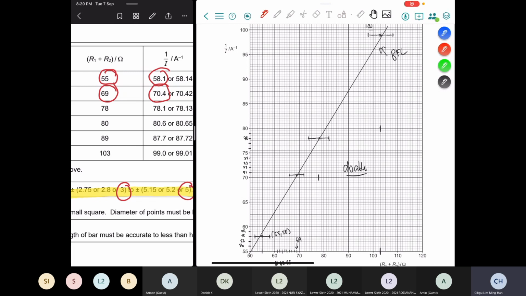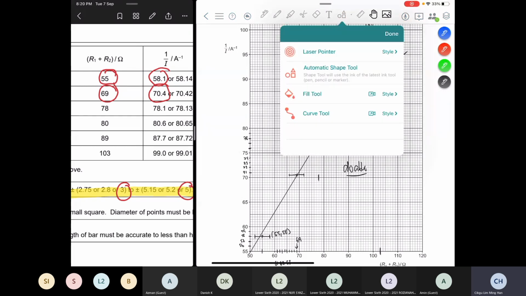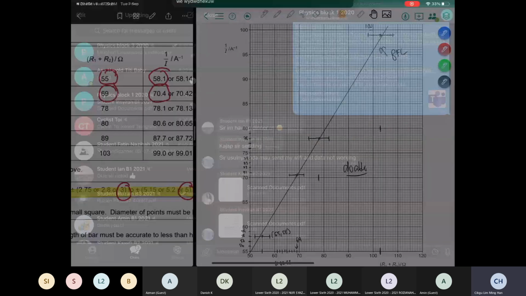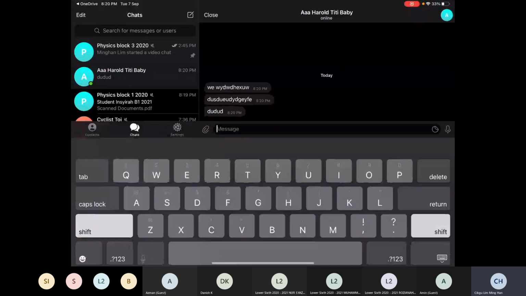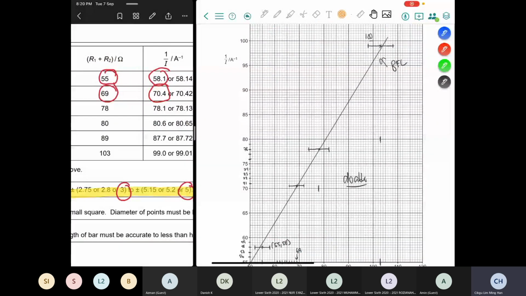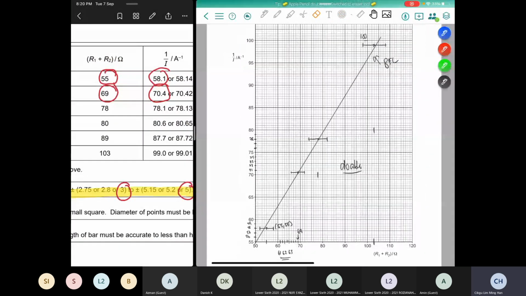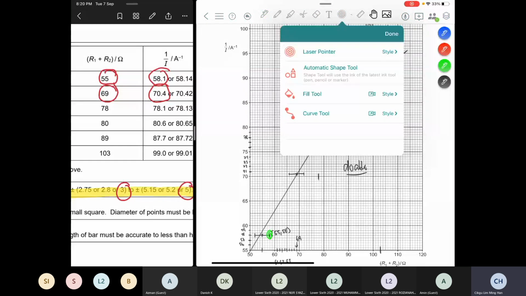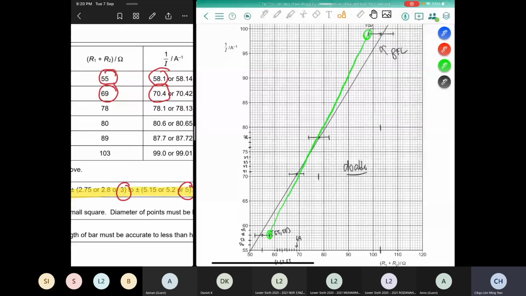Now, the most important for this graph is the worst fit line. There are many ways to do it. One, you use the extremes. You use the extreme end here and the extreme end here, and then you can draw a straight line from here to here.